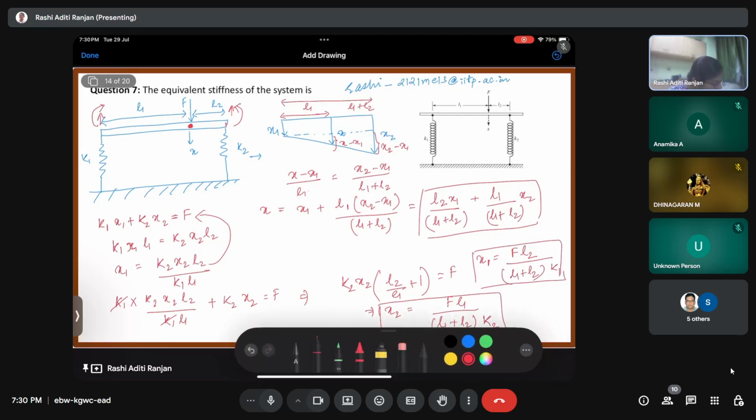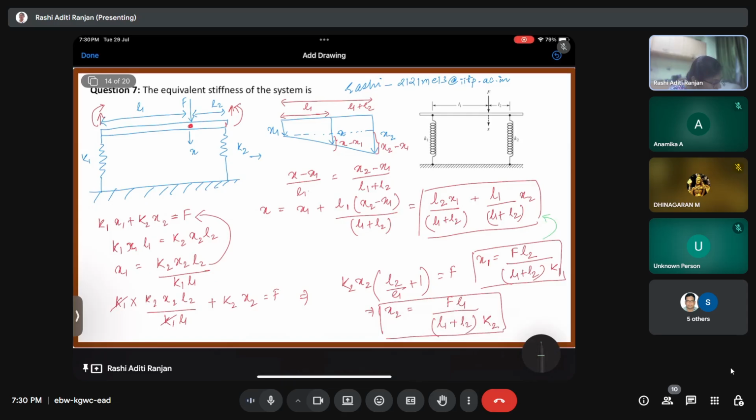Substitute this and this into this. Okay, so then what are we going to get?